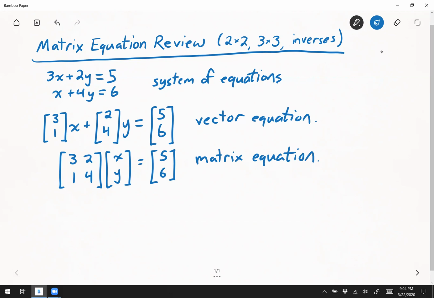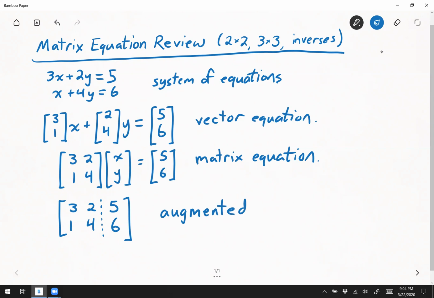And finally, there's one other form which you might be familiar with. If you gather just the values together, in this case 3, 2, 5, 1, 4, 6, and sometimes you'll see a dashed line to separate the coefficients from the constants at the end of the equation, we'd refer to this as an augmented matrix.